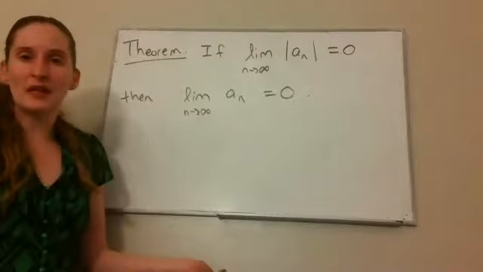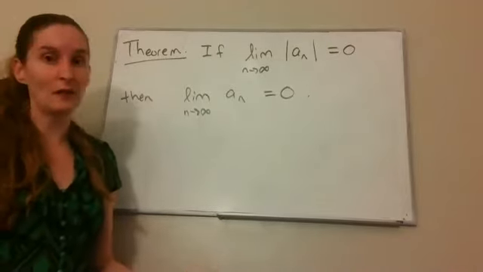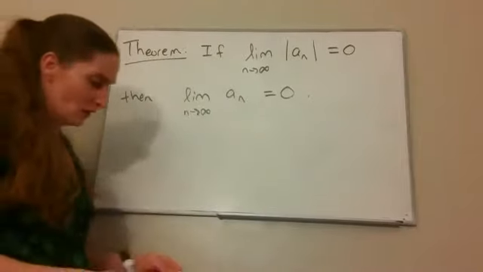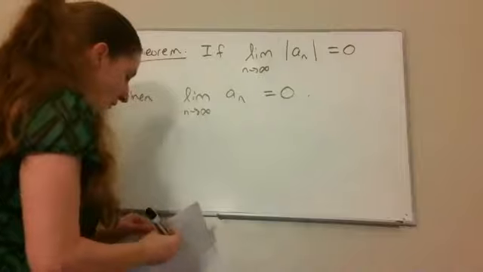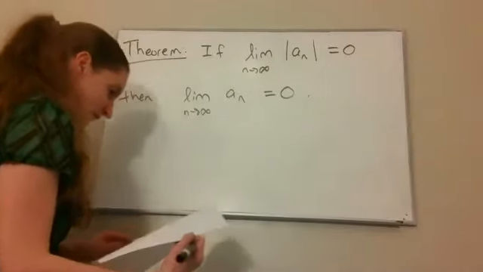So all of these limit laws and these theorems can be used to help us find the limit of a sequence to see if the sequence converges or diverges. So now let's do some examples determining whether a sequence converges or diverges.